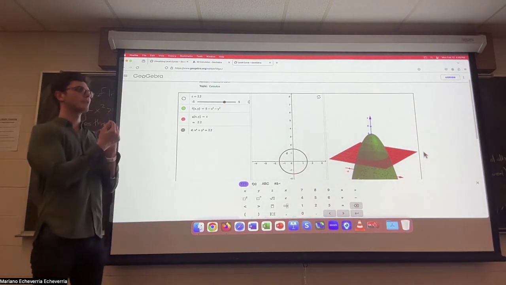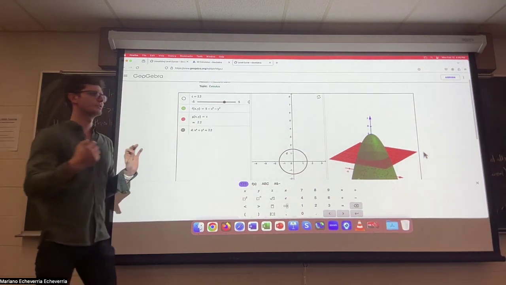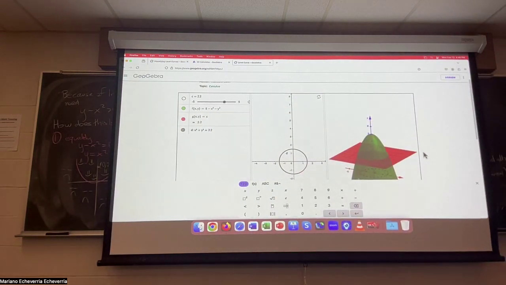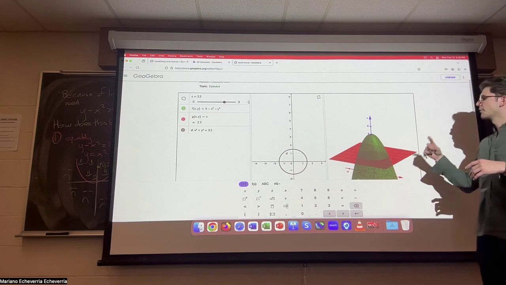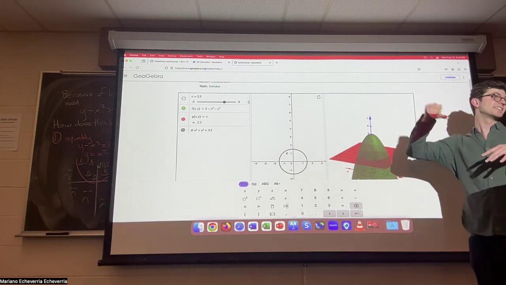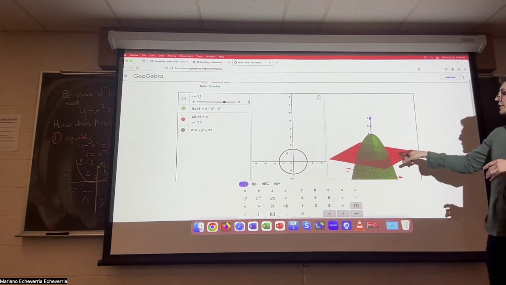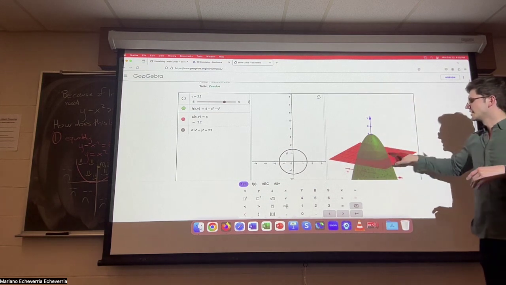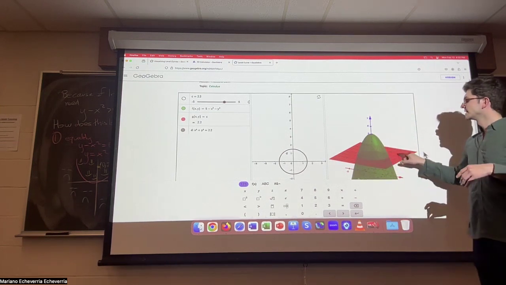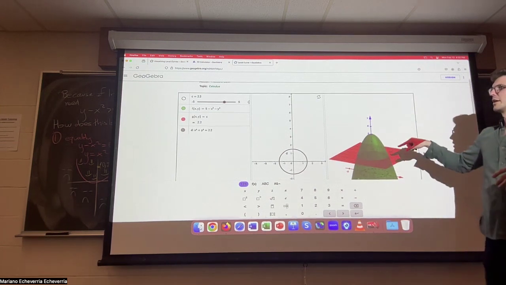So the idea of a level curve, which is similar also to the weather maps on your cell phone, is that the level curve represents all the points at the same height. If you think again of this as a mountain, the level curve will show you all the points that have a particular value for the height.